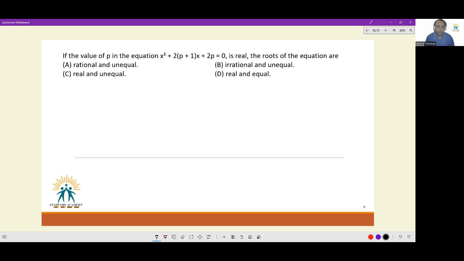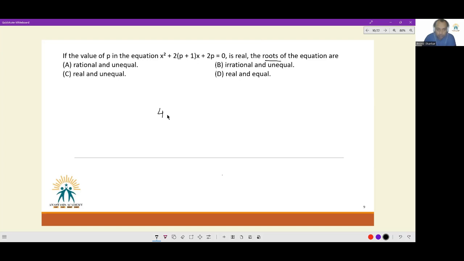Okay. Next question. If P is real in the equation x square plus 2 times P plus 1 x plus 2P, then the roots of the equation are. Again, look at these options. We're looking at nature of roots, and nature of roots is given by B square minus 4AC, whether it is greater than 0 or less than 0 or whatever. So we break it down.